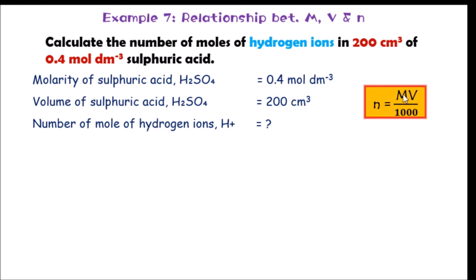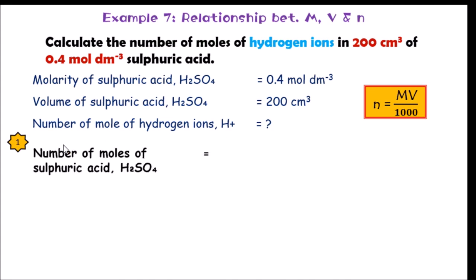So first step, find the number of mole of sulfuric acid, H2SO4. It is very important that you need to know the formula for the substance. For any compound, you need to remember the formula.